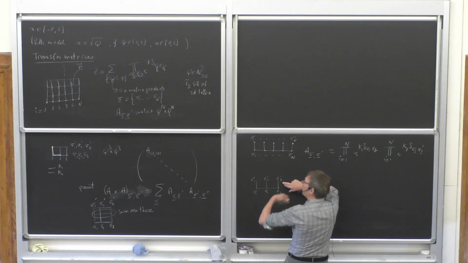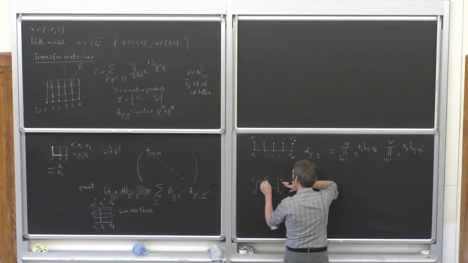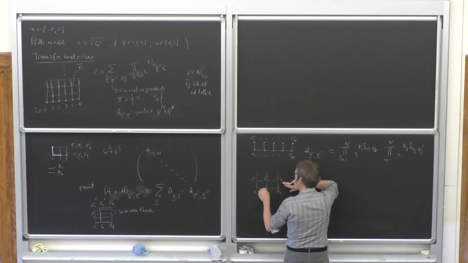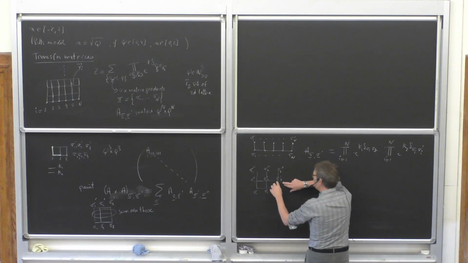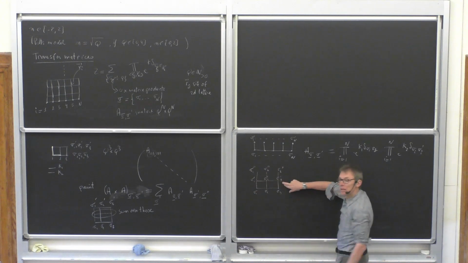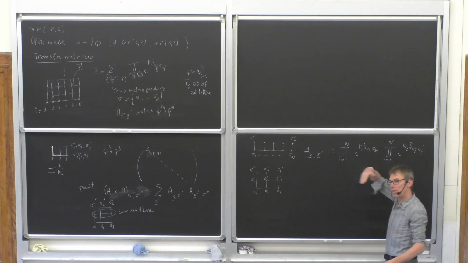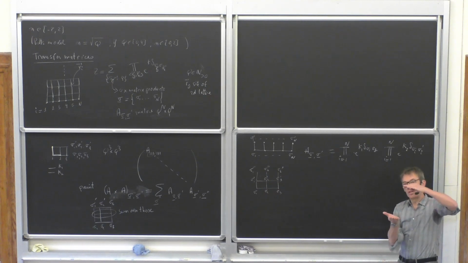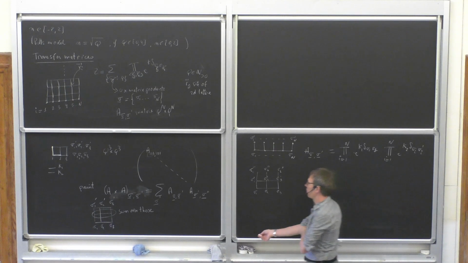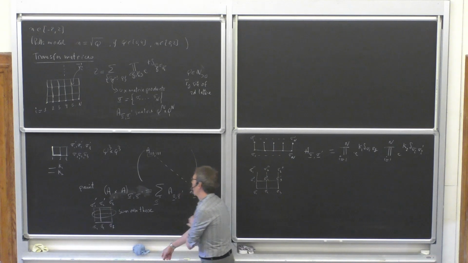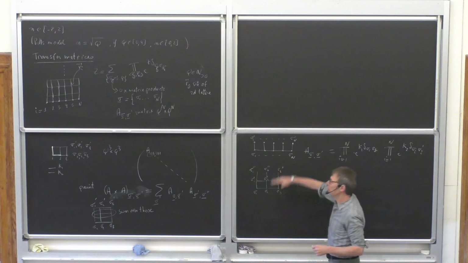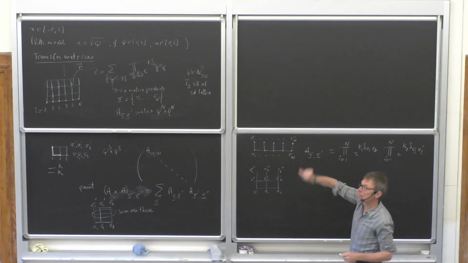And then if I do A times A, the next A will count the contribution to the Boltzmann weights coming from all these edges and all these edges. And I'm summing over the intermediate spins. So if I repeat it, I'm building the whole lattice and I'm calculating the partition function by something which is pretty much the product of A matrices over the vertical axis.